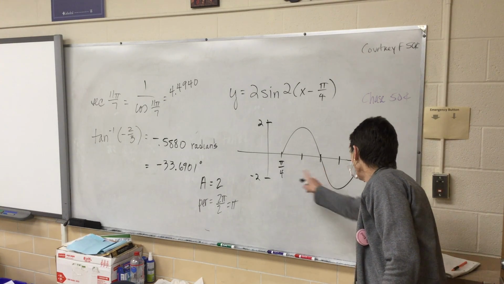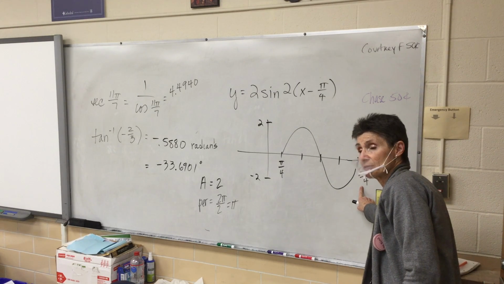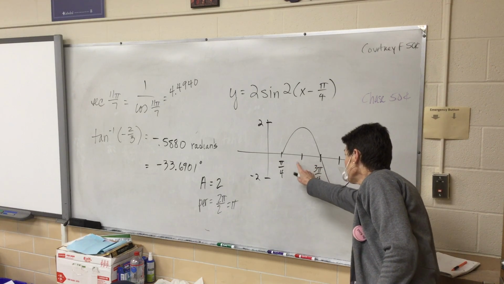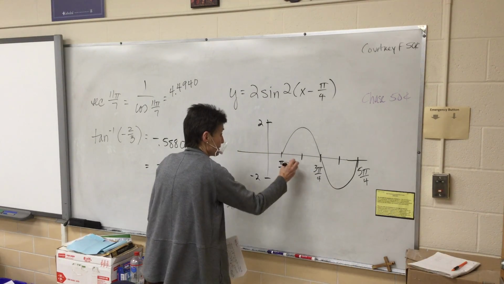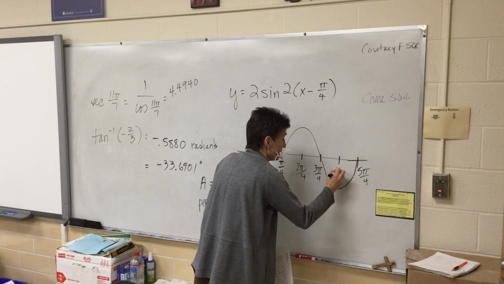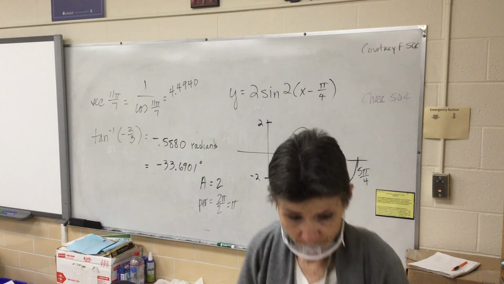This will be the midpoint of 1 and 5. So 1 plus 5 is 6, divided by 2 is 3. This is going to be the midpoint of 1 and 3, which is 2. And 3 and 5 is 4. And again, feel free to reduce those, but you do not have to.